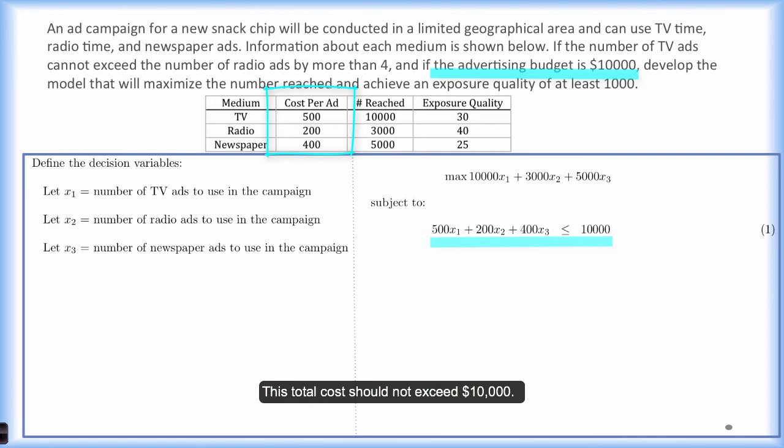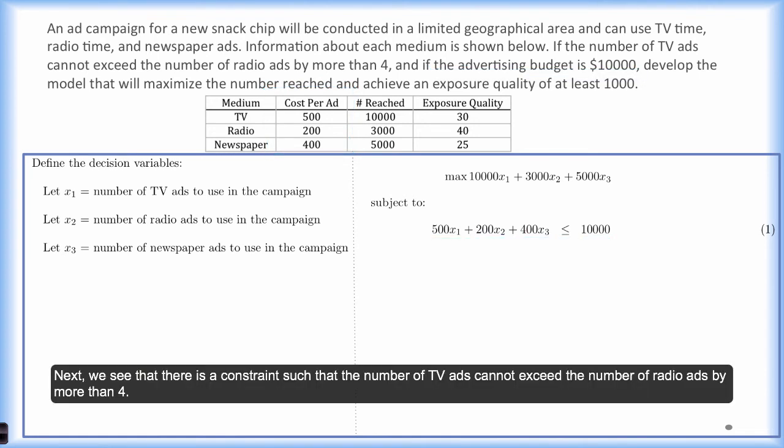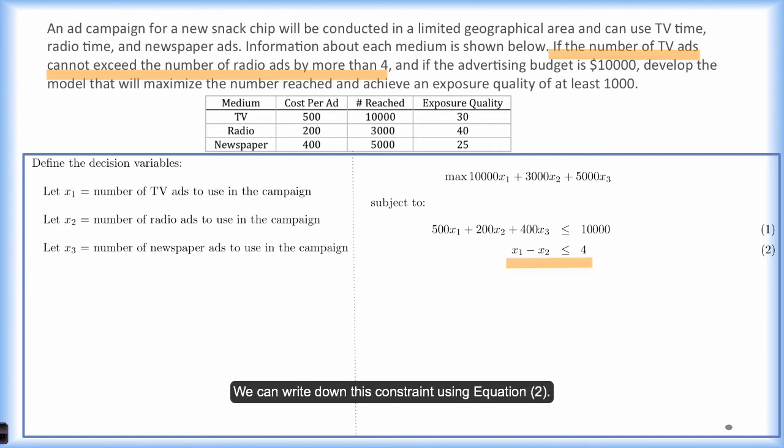This total cost should not exceed $10,000. Therefore, we can write down this constraint as shown in equation 1. Next, we see that there is a constraint such that the number of TV ads cannot exceed the number of radio ads by more than 4. We can write down this constraint using equation number 2.